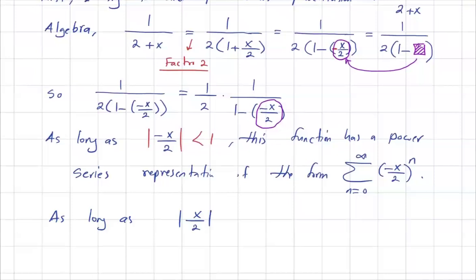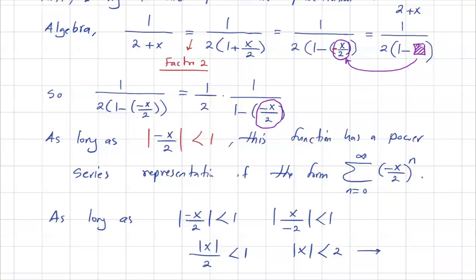So again, as long as the absolute value of x divided by 2 is less than 1, if you want to see algebra, you can write it this way. You have the absolute value of x divided by negative 2 less than 1, or the absolute value of x divided by 2 is less than 1, or absolute value of x is less than 2, or x is bounded between negative 2 and 2.